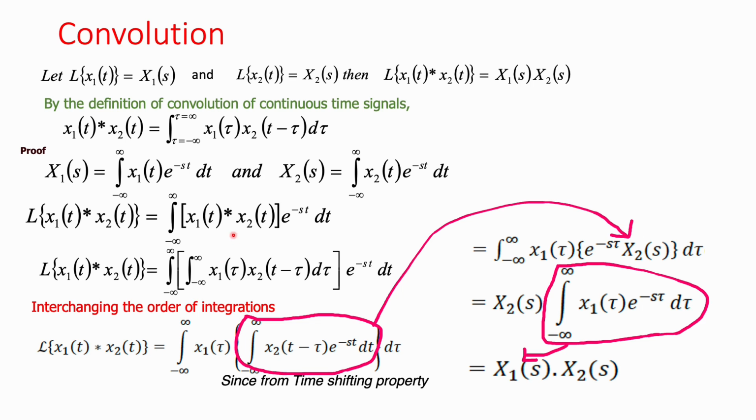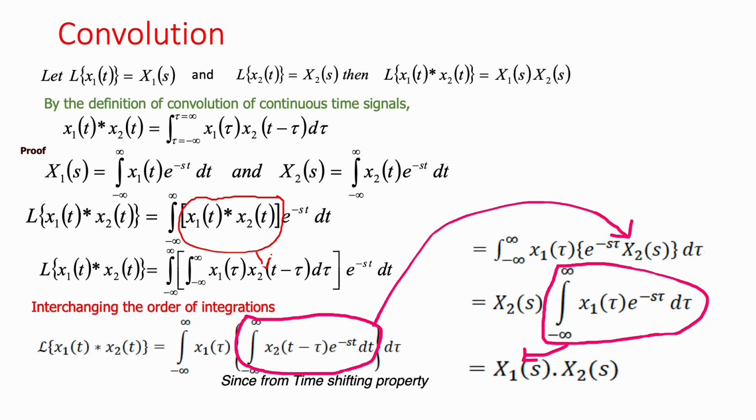Now this convolution x1 of t convoluted x2 of t can be replaced by the formula. So this part can be replaced by the convolution formula like this.